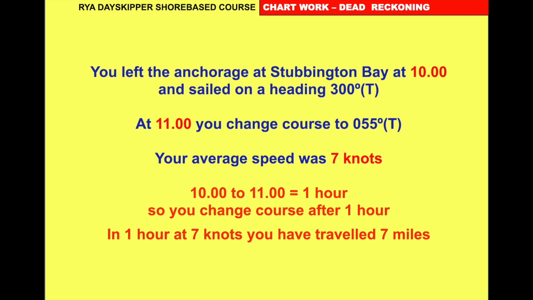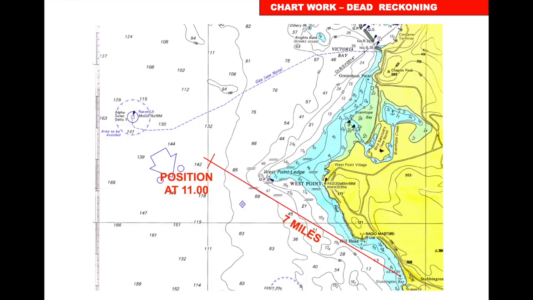So the second part was to work out how far we've gone. So we've got an hour, our speed is 7 knots, so we've travelled 7 nautical miles, and we'll mark that off on the chart. So there we go, our position at 11 o'clock is marked on the chart with a small line that is perpendicular to our course line.